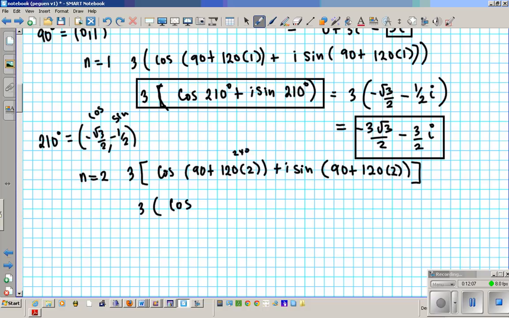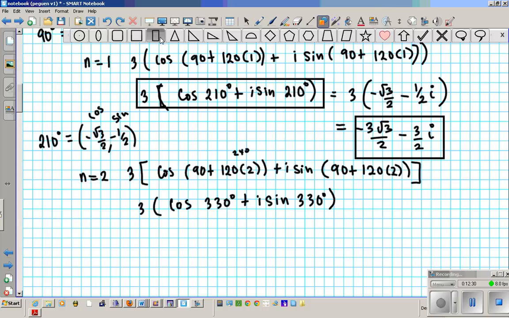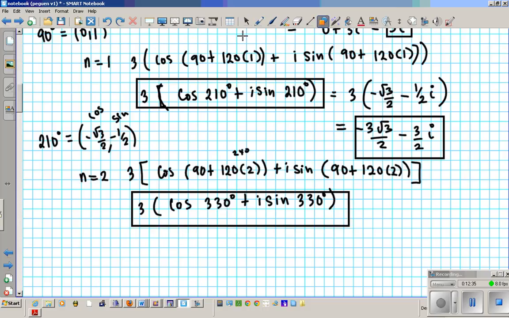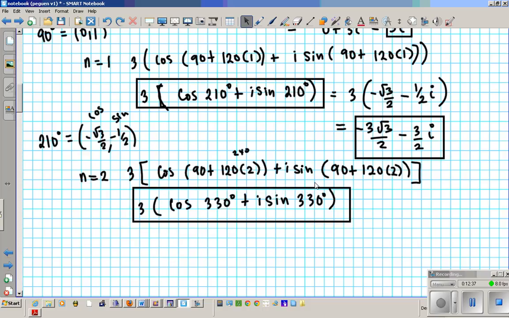So if I add 240 to 90, I'll get 330 degrees, right? So this is going to be 3 cosine 330 degrees plus i sine 330 degrees. And there goes my answer in polar form.